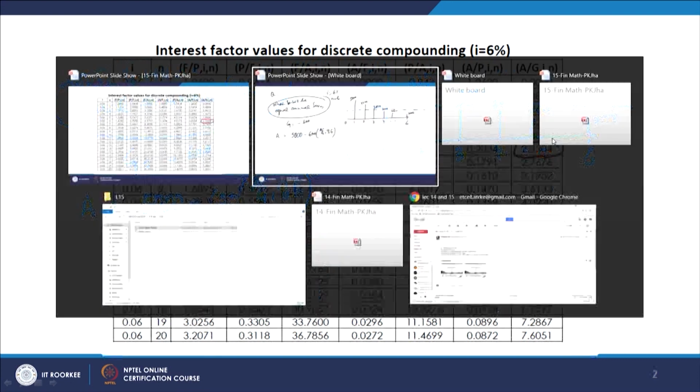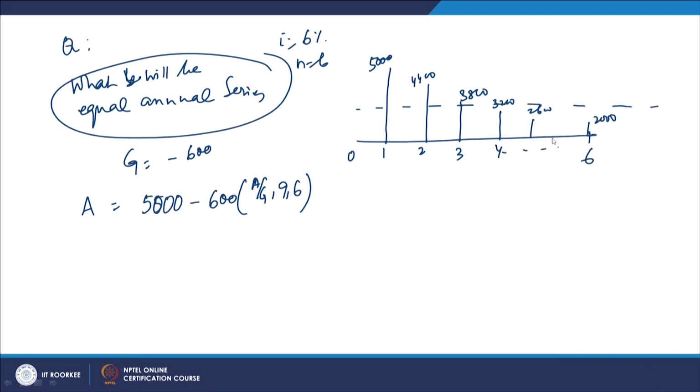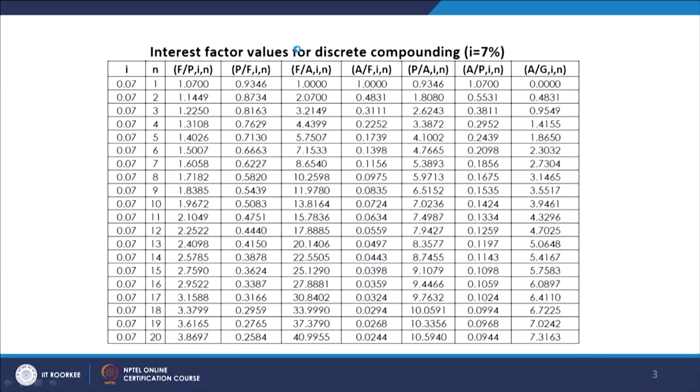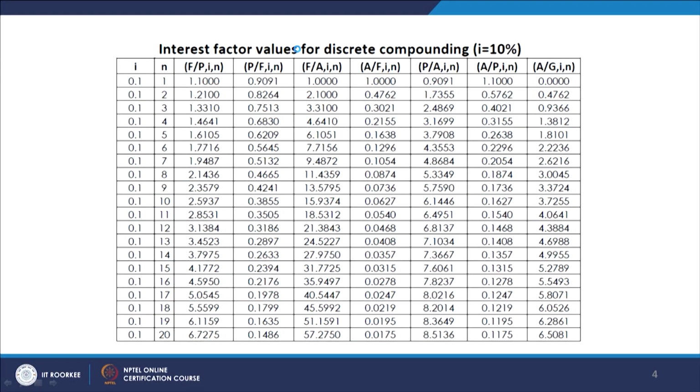Now, the i is 9% and n is 6, so for 9% we have to see. We will go to 7 and 10, since we still do not have 9%.